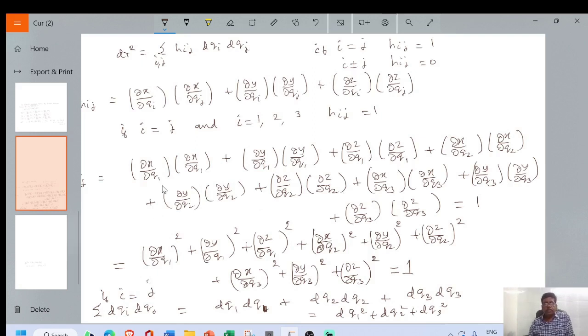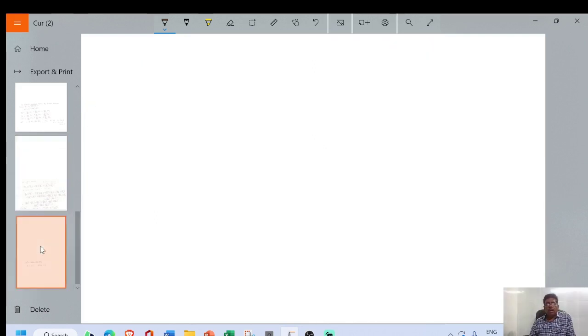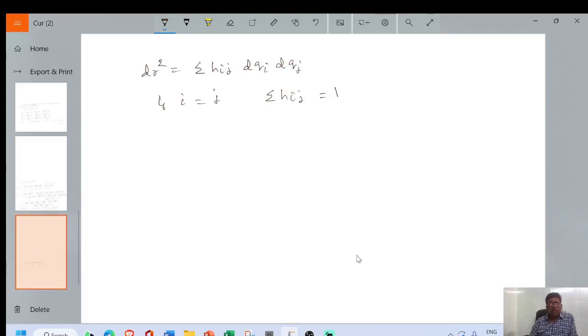If I put i equal to j, all the values are equal to 1. The value of dqi dqj equals dq1 square plus dq2 square plus dq3 square. So dr square equal to dq1 square plus dq2 square plus dq3 square.